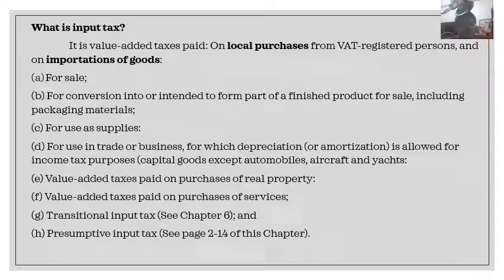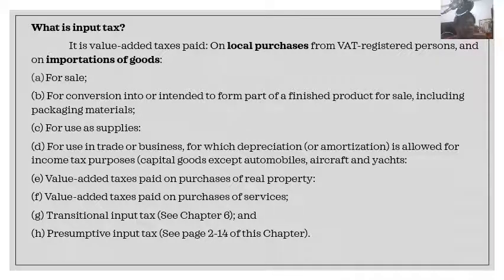So, mag-discuss na lang natin ito kasi hindi naman talaga binayaran ng seller yung transitional at saka presumptive. Is parang a benefit lang or advantage given to them as consideration. So, transitional and presumptive. Yung transitional, kasi for the first time, siya masasubject ng VAT.